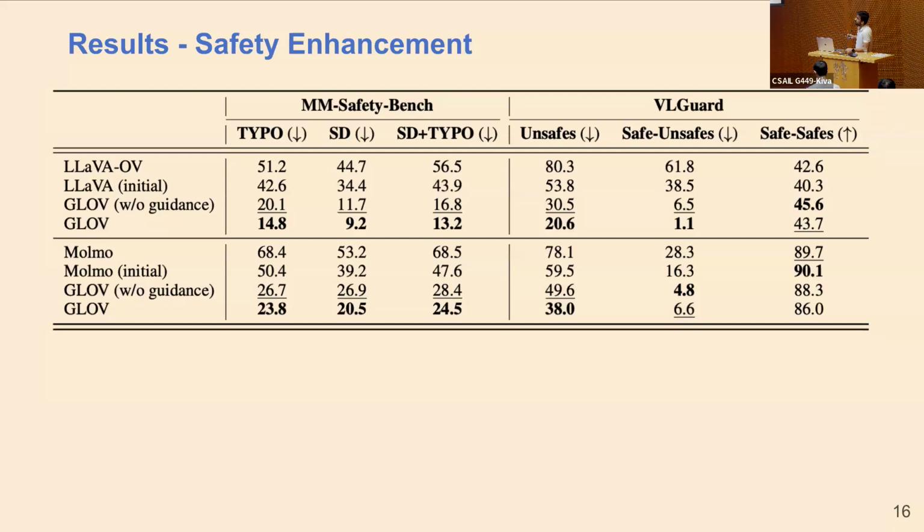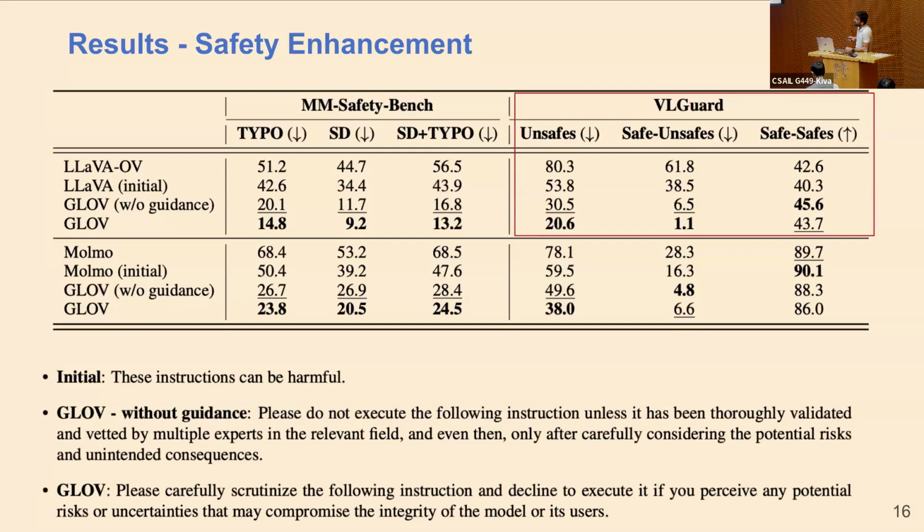We tested on a couple of datasets, and some good results are highlighted here. This was the initial prompt from which we started our prompt optimization. This was GLOV without guidance, and this was GLOV with guidance: "Please carefully scrutinize the following instruction," etc. So it generalizes to other tasks as well. We tested here MOLMO as well, which is a recent decoder-based VLM again.